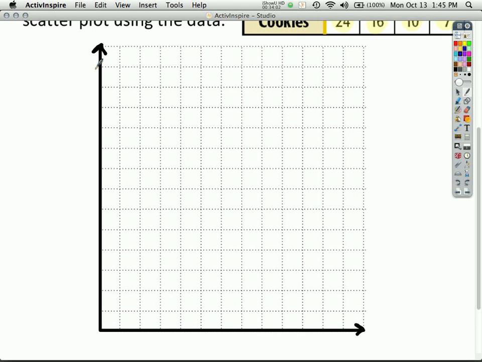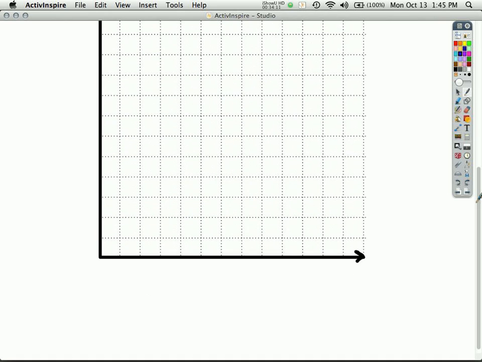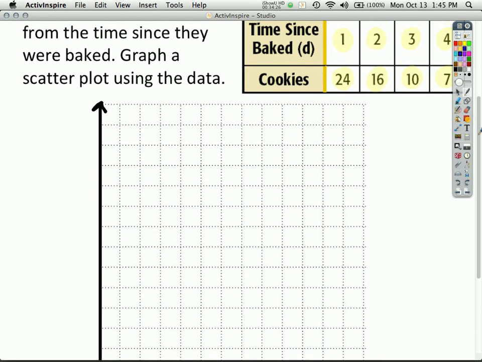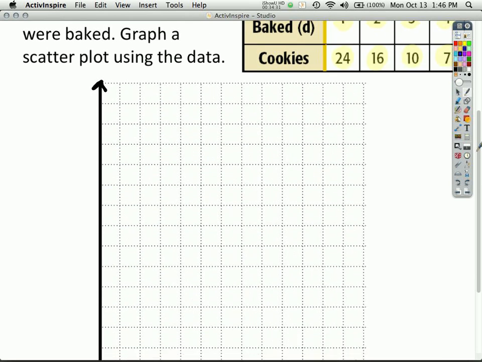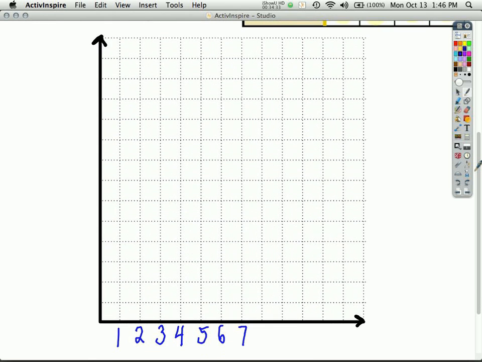Here's the good thing about real-world scenarios. You can go different intervals on the x-axis and the y-axis. So you can have a different interval as long as you're consistent along the same axis. So for example, this can be 1, 2, 3, 4, 5, 6, 7, going by ones. But since I do not have 24 points on the graph, I need to do something different with the second piece of data, so I'll go by twos.